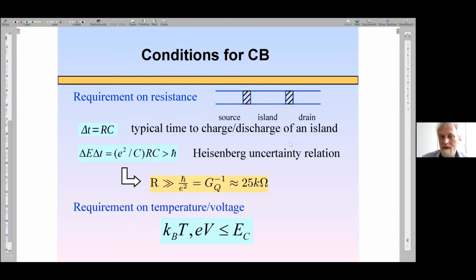Good. So this is an island which is characterized by contact resistance R and capacitance C. And RC time is a typical time to charge or discharge this island. Well, let us now involve the Heisenberg uncertainty relation.